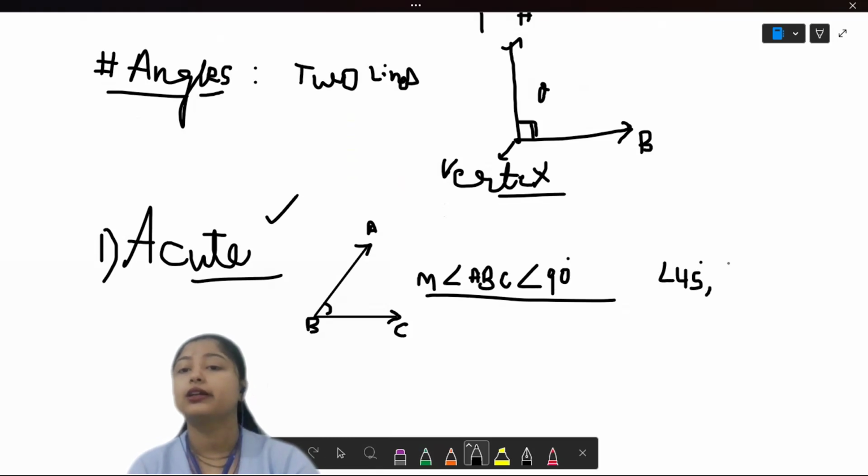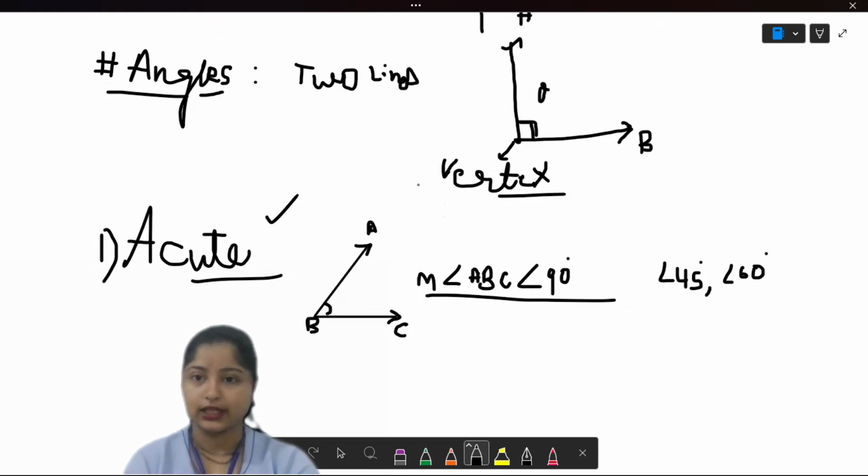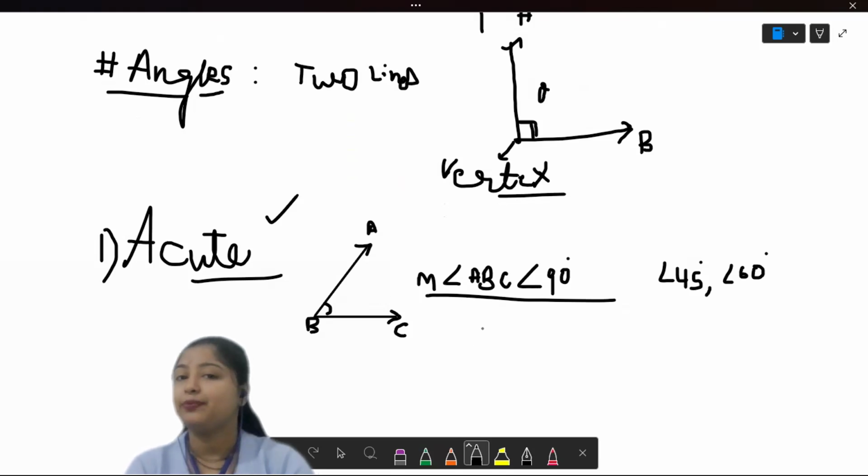They are all acute angles. On the basis of angle measurement, we are going to learn the types of angles. So the first is the acute angle, which measures less than 90 degrees. Also, how do we name this angle? We can call it angle ABC.